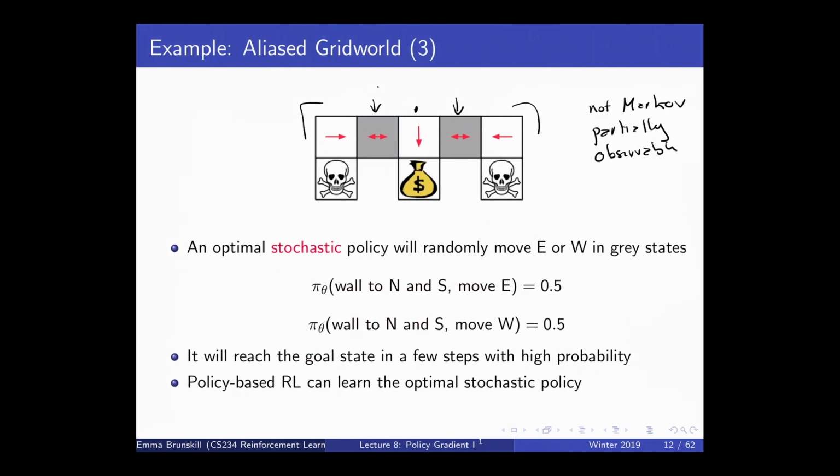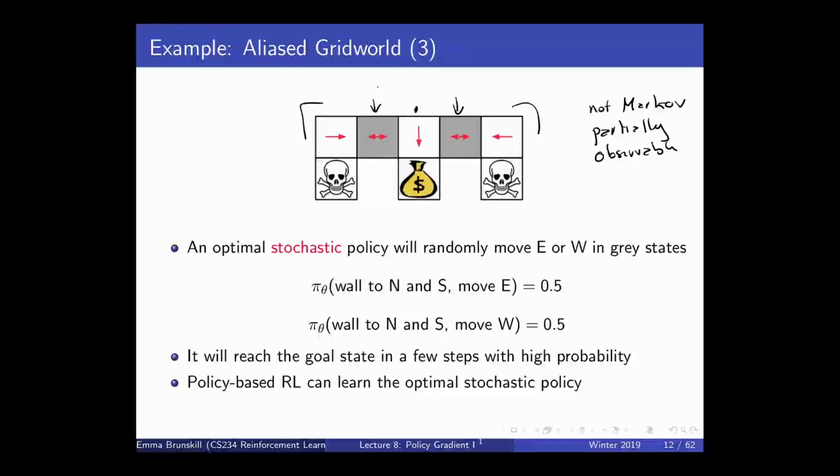Can we conclude that when the world is not Markov and it is partially observable, our stochastic policy is always better? It's a great question. So what Lakshmi said is, can we conclude that if the world is partially observable, stochastic policies are always better? I think it depends on the modeling you want to do. In this case, better than being stochastic, because it's still doing something not very intelligent in the gray states, it's just randomizing, would be to have a partially observable Markov decision process policy.